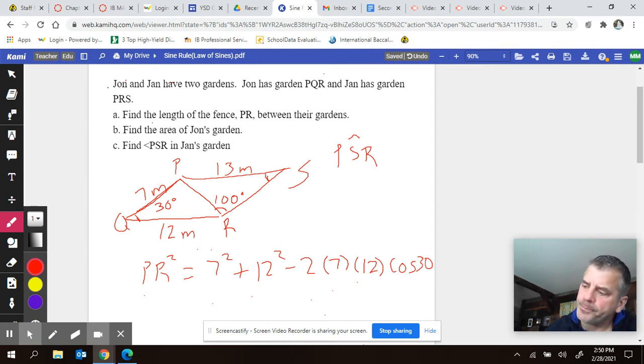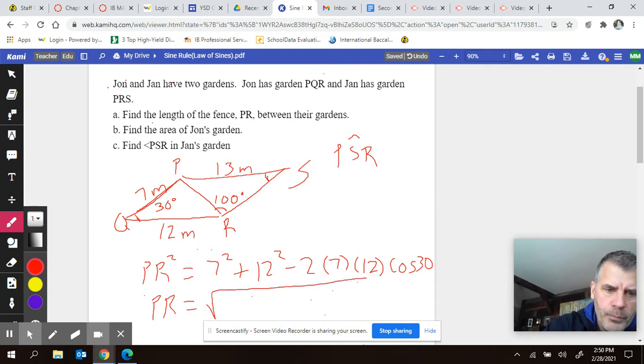From here, we can do a whole bunch of math. I'm just going to do this quick. Remember with law of cosine, this is a common mistake: 2 times 7 times 12. 14 times 12 is the shortcut, 168 cosine 30.